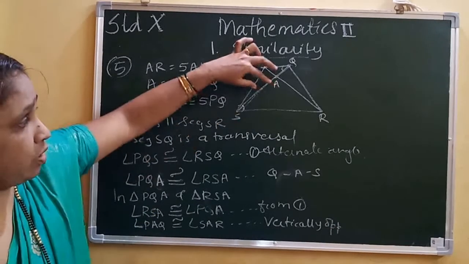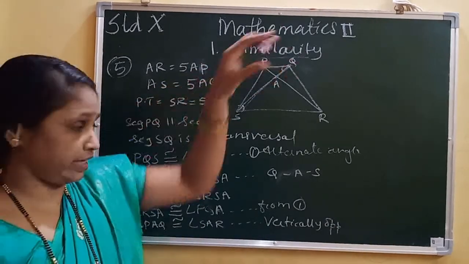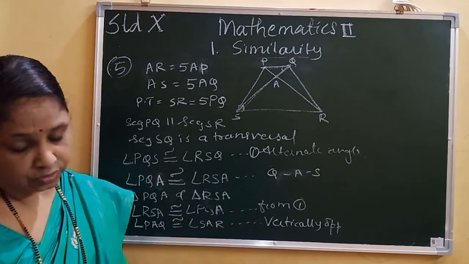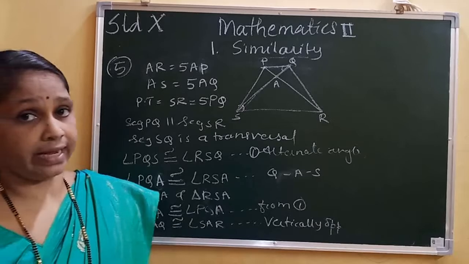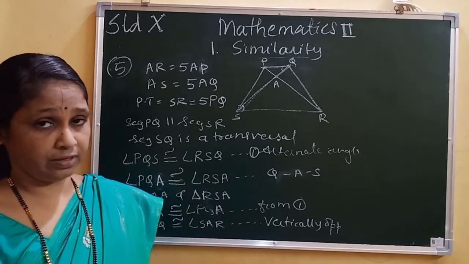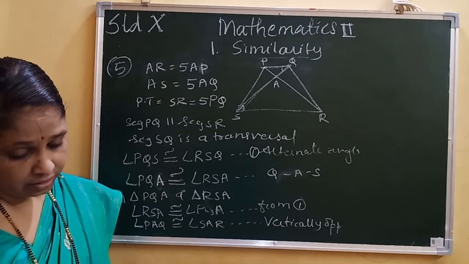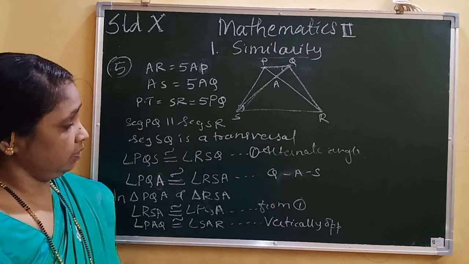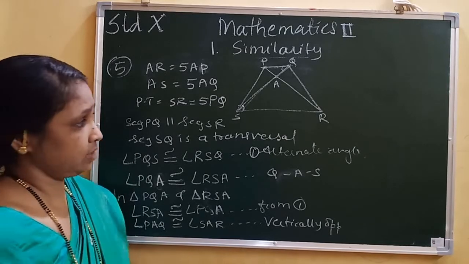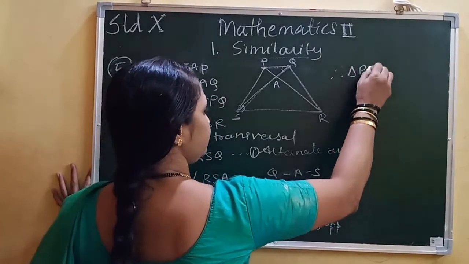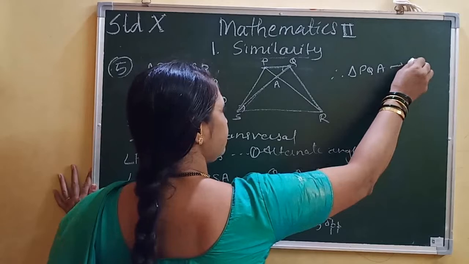Now see, these two are vertically opposite angles, means these two triangles have become similar by AA test of similarity. Therefore, triangle PQA is similar to triangle RSA.